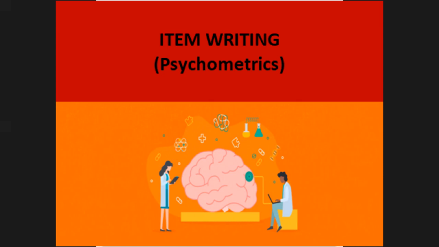What does that mean? If I want to develop a test which has 20 items, I should generate a pool of 60 to 80 items. Sounds a lot, but that's the amount of labor that goes behind developing a test. So you have to develop around 3 or 4 times the number of items that you tentatively are going to have in your final test.